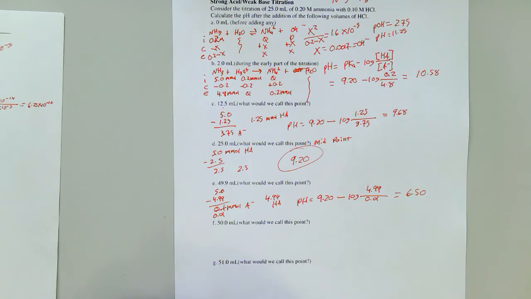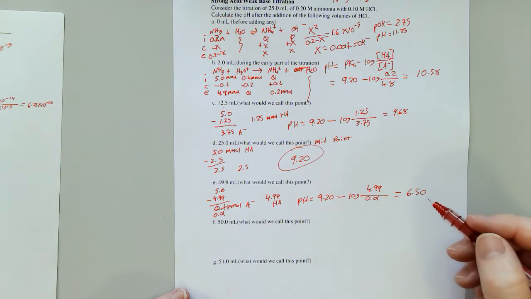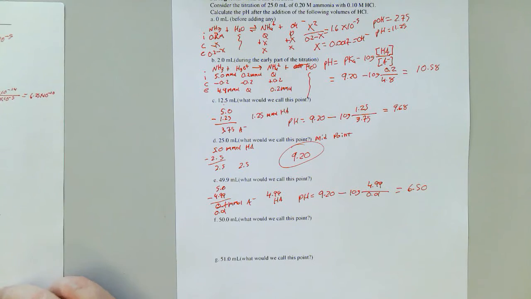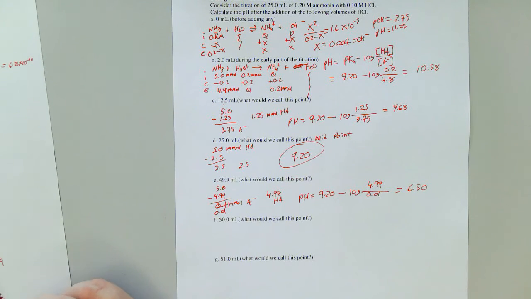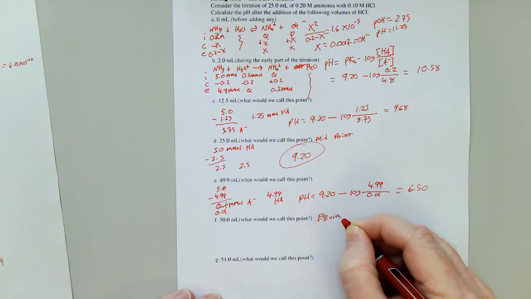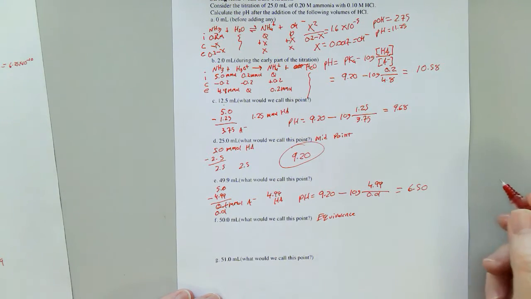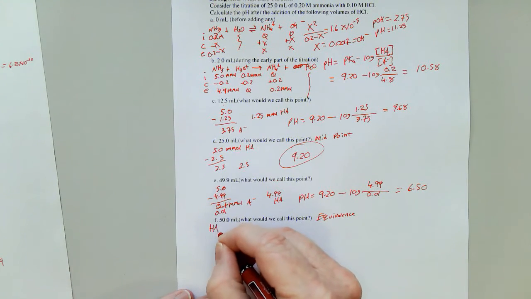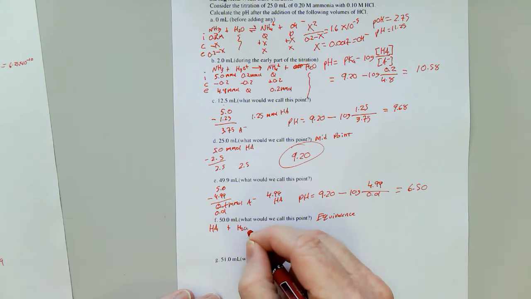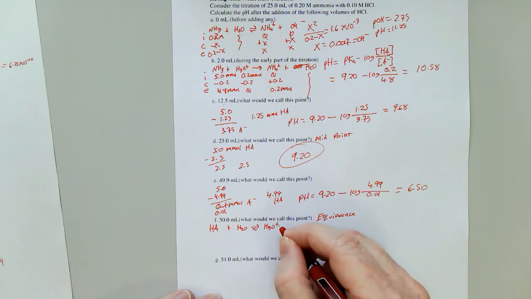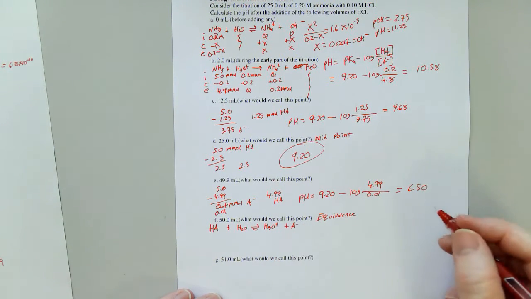All right. Dropping a lot, and now we're going to have a big drop, okay, because at this point we are about to hit equivalence. Now at the equivalence point I'll have no A minus, I'll just have HA, which will react with water, which is going to give me H3O plus and A minus.